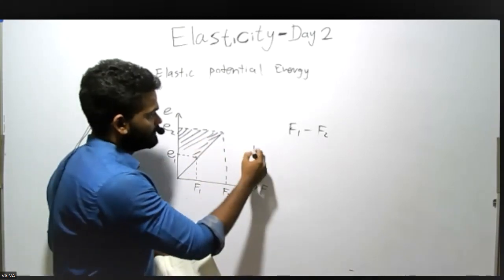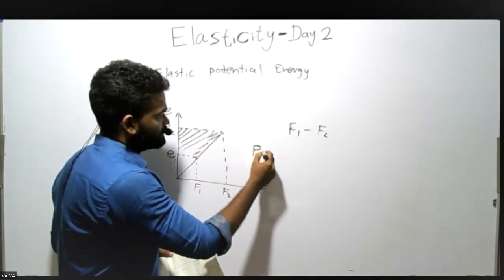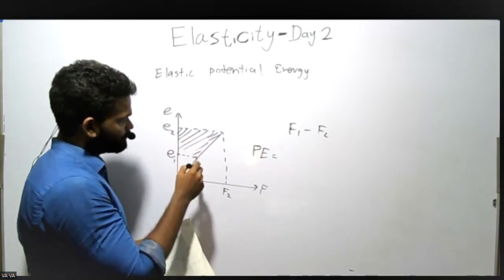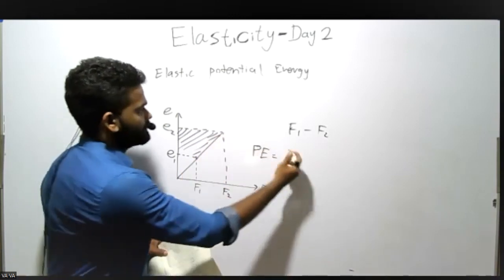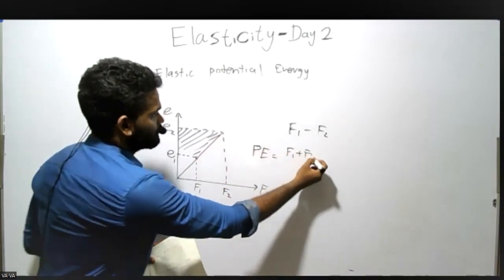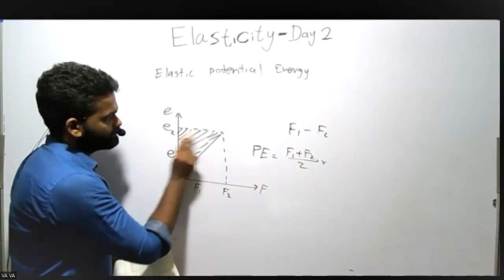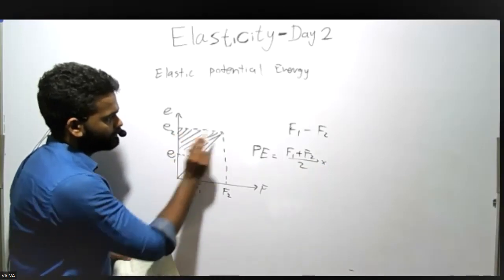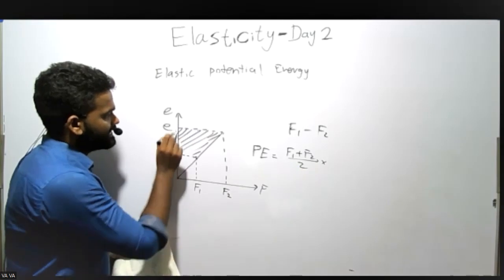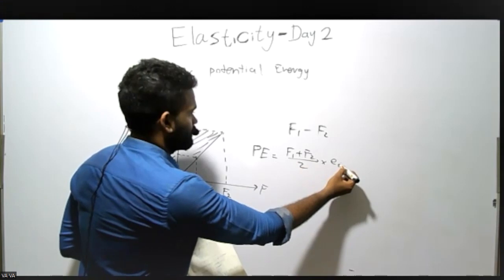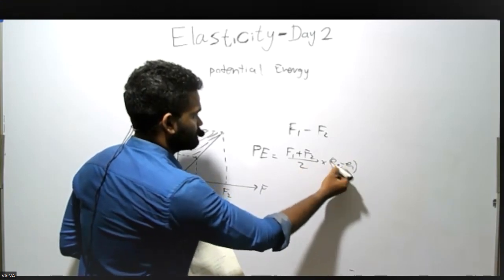So we need to find the potential energy stored in this case. This is a trapezium. So the area is (F1 plus F2) divided by 2, those are the two heights, times (E2 minus E1), this length.